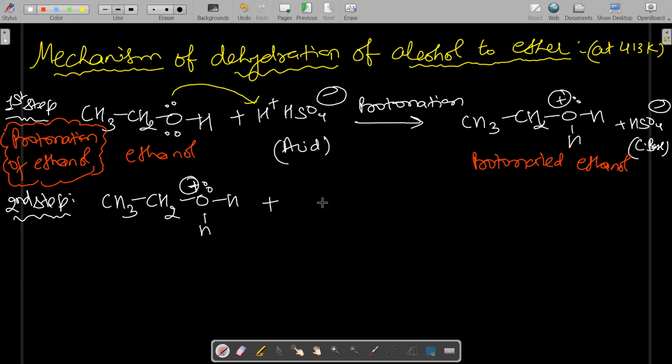So in the second step, the second mole of ethanol, because in this case 2 molecules of ethanol are used, in which the first molecule in the first step is used for protonation.